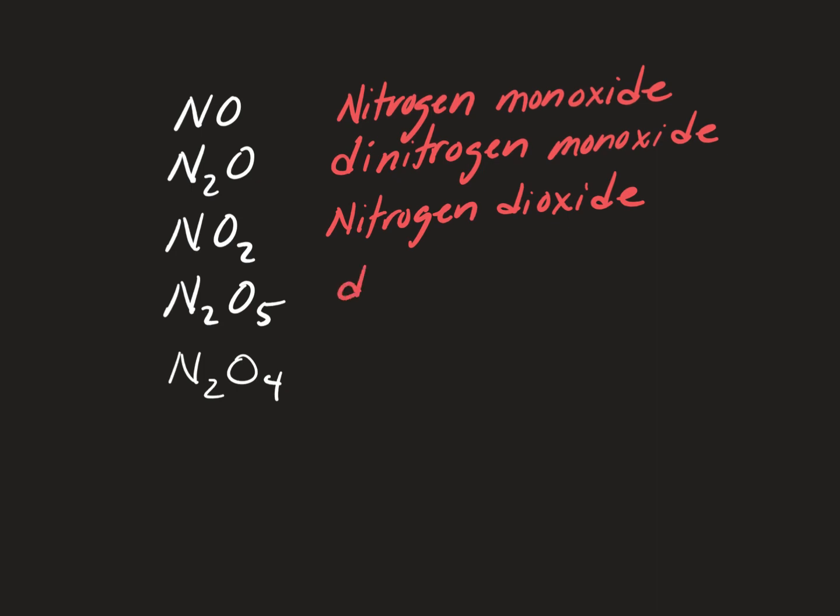This next one, di-nitrogen pentoxide. All right? Not pentaoxide, but pentoxide. When you get the two vowels together, I'm not going to say pentaoxide. Okay, I call it pentoxide. And not monooxide.